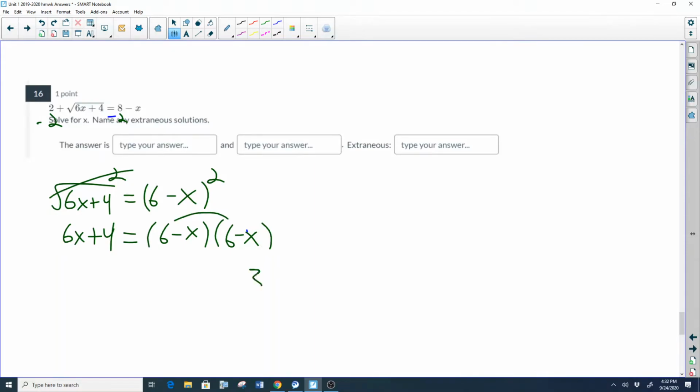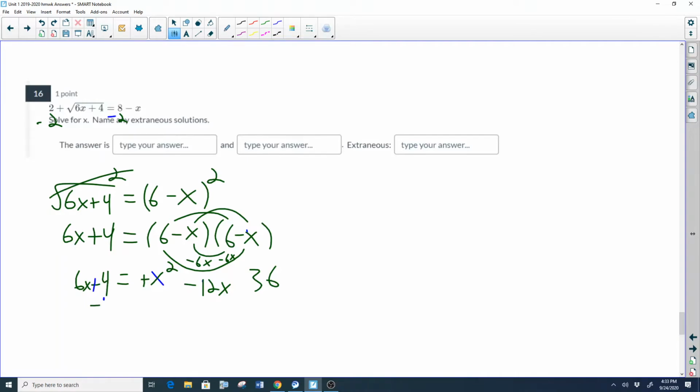So 6 times 6 is 36. Negative x times negative x is a positive x squared. And then we have negative 6x with another negative 6x, which is going to be a negative 12x. I'm skipping some steps because we've already done this type of problem.